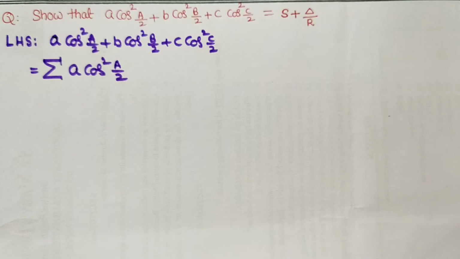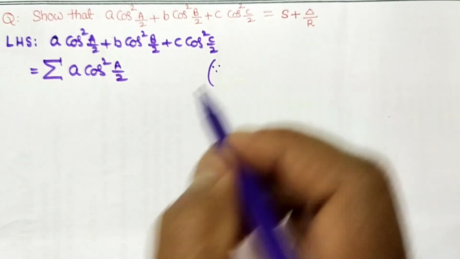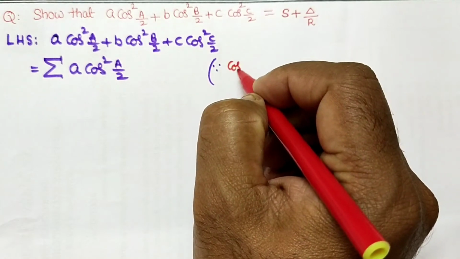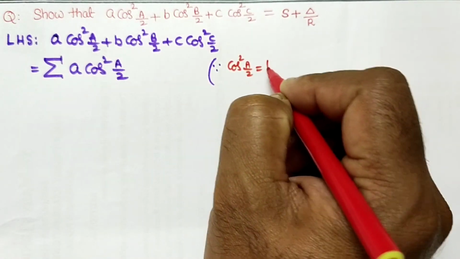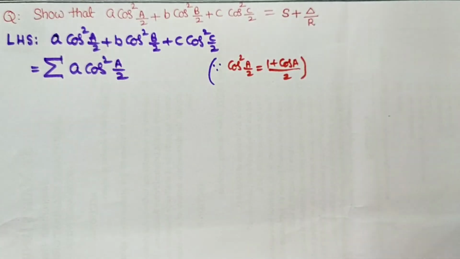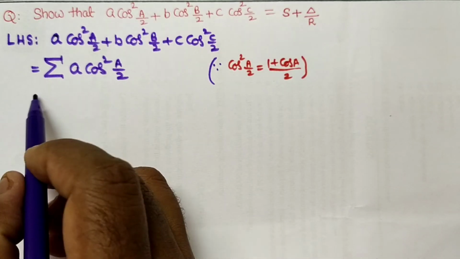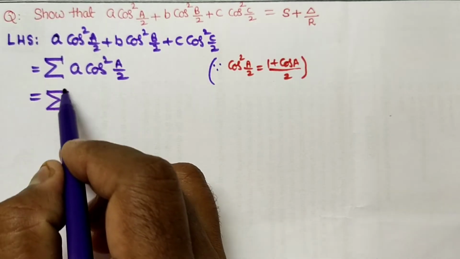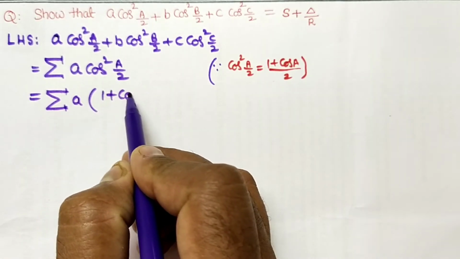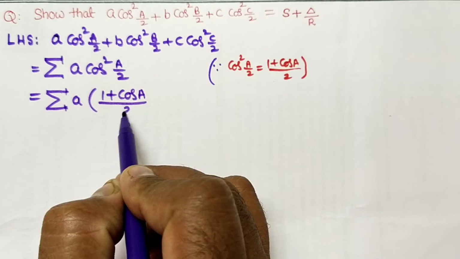We know the formula: cos square A by 2 equals 1 plus cos A divided by 2. If we are thorough with the formulas, it is easy to understand the concept and the question. So sigma a into, in place of cos square A by 2, 1 plus cos A divided by 2.